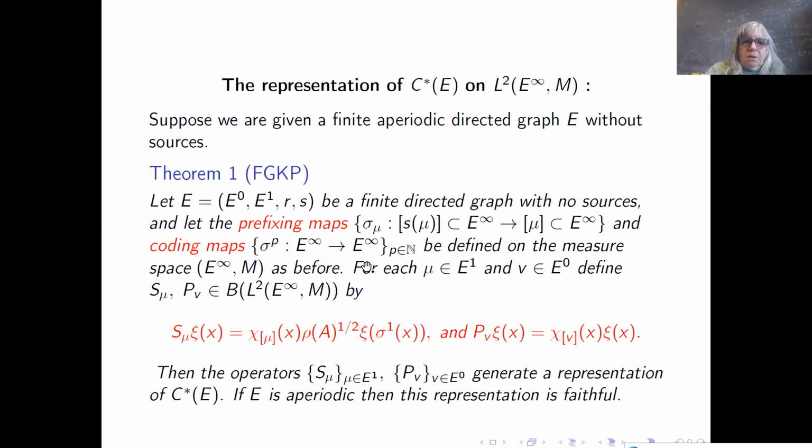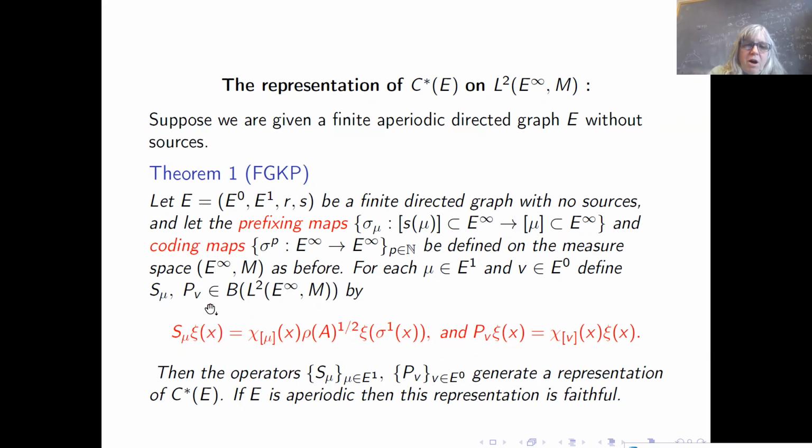Okay. So I've stated it here as due to us, but this is really Marcolli and Paolucci, and then we did it for higher rank graphs. This is a 4-author paper published in 2017. If you have a finite directed graph with no sources, and you have these prefixing maps and the coding maps that I defined earlier, this is just concatenation of sigma with itself p times.